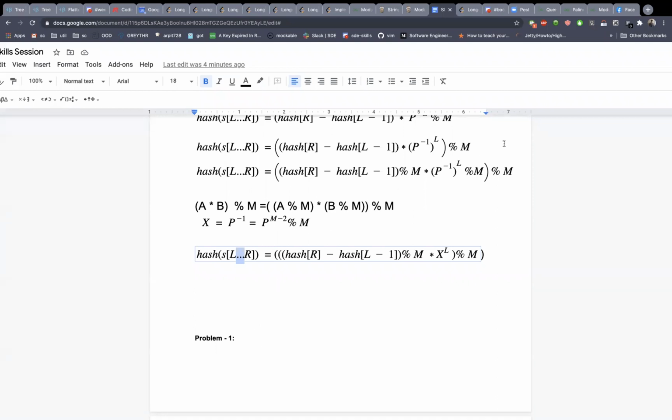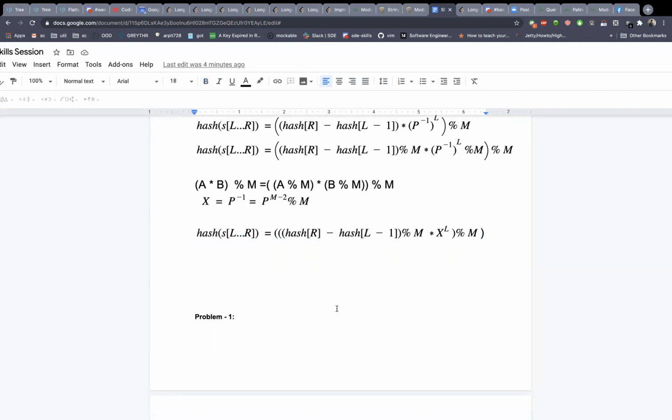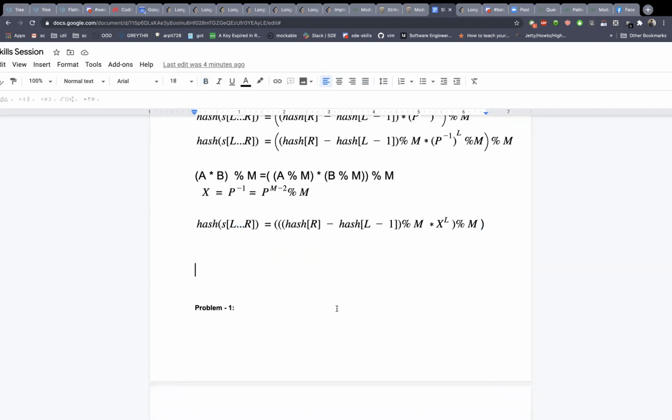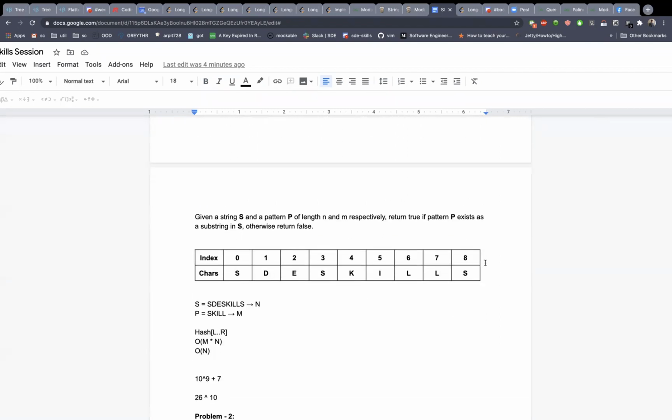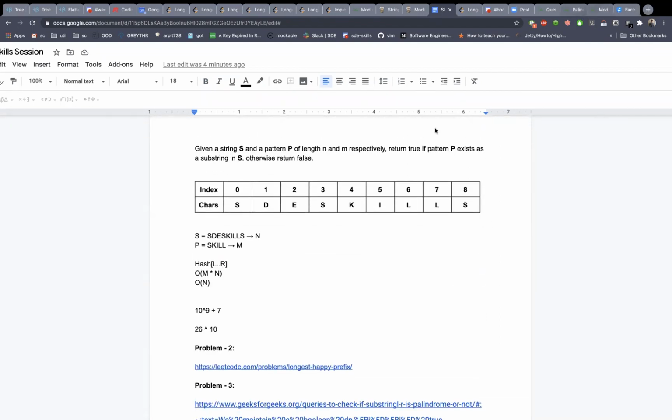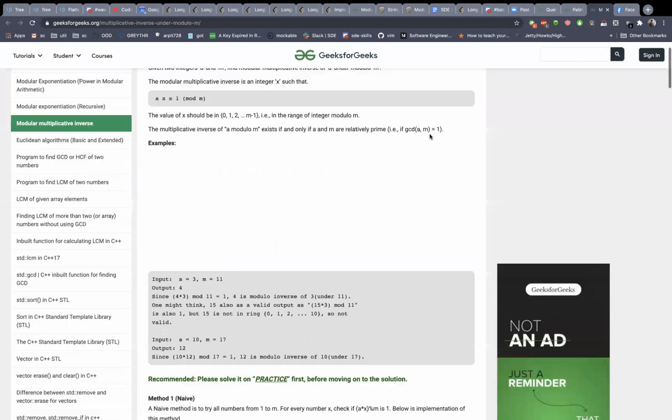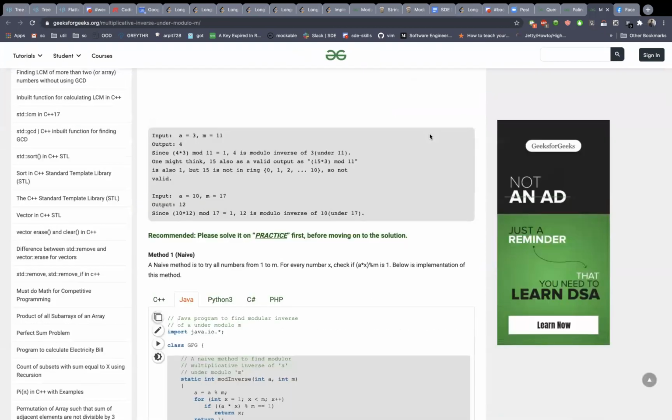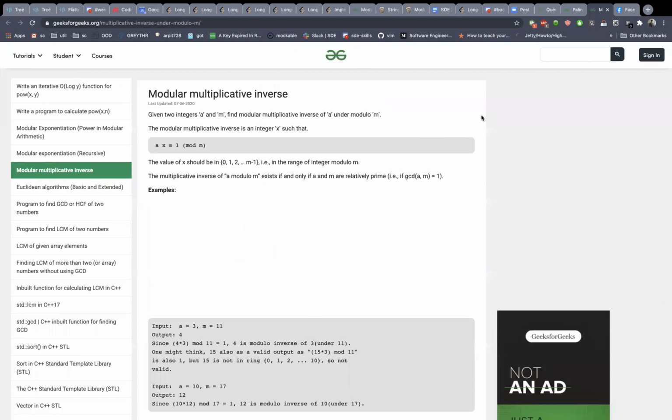There is a different property of modulo for subtraction. I don't have it in my notes, but there is a different property for it, a little bit different than addition. But this is the same as addition, right? I do A plus and then minus B. That's also an addition.